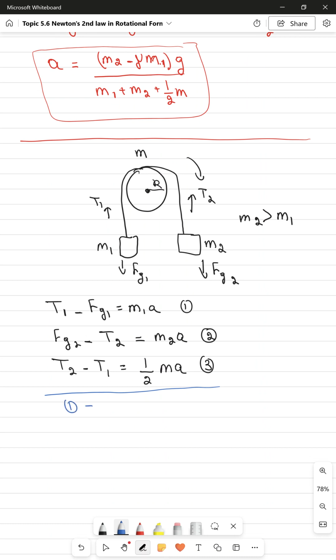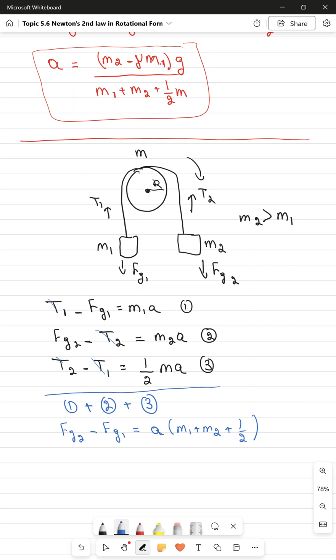1 plus 2 plus 3. T1 and minus T1 they cancel. T2 and minus T2 they cancel. So what we remain with? Fg2 minus Fg1 is equal to A into M1 plus M2 plus half M. So A equals Fg, we can replace it by Mg, up to you, either or.